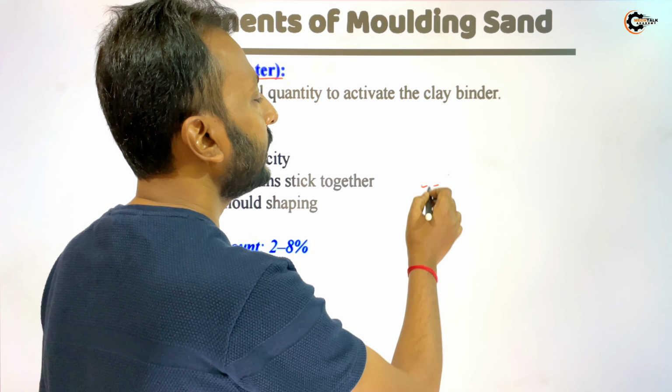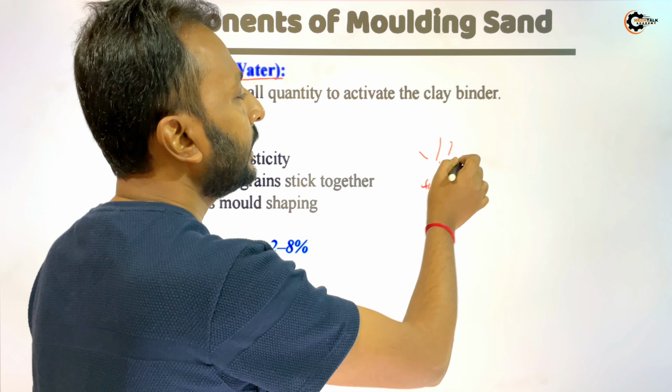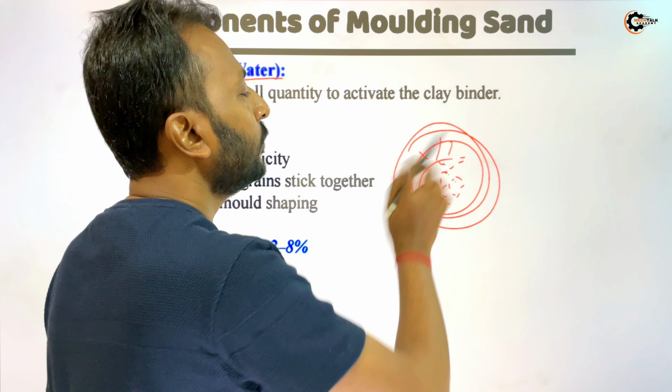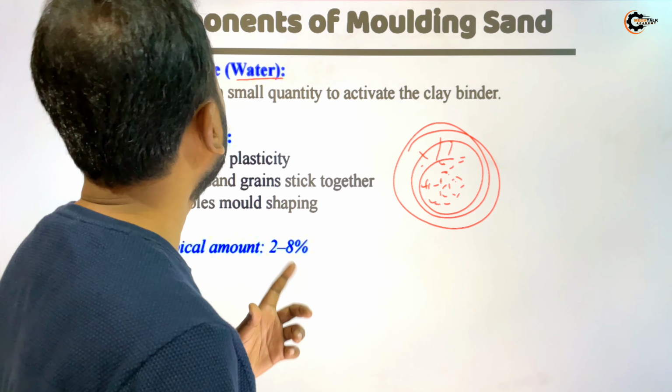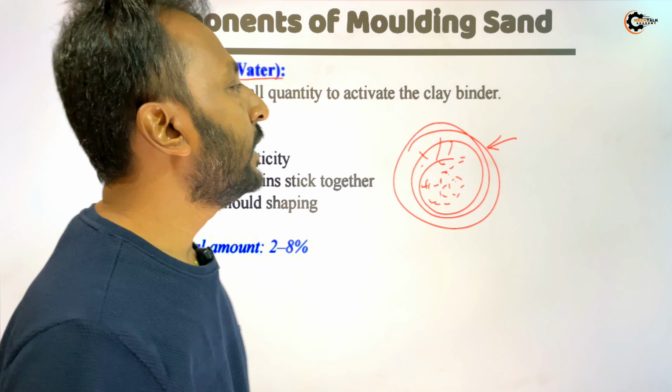When we prepare molding sand, firstly we take the silica sand, and then we place the fine particles of clay, and mix finely with a machine or by hand shovel. After that we add water or moisture content.